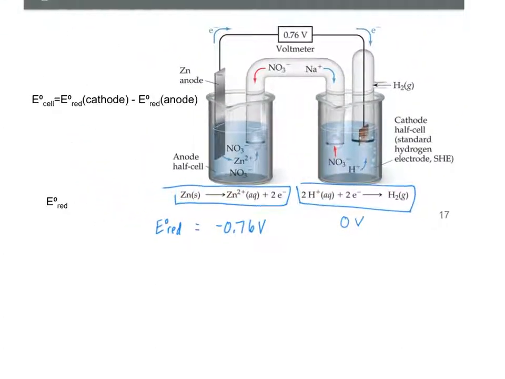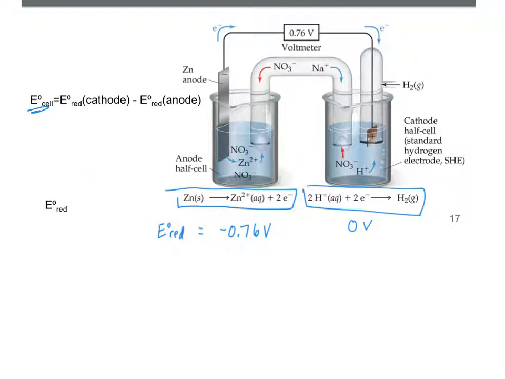So if we calculate the cell potential using the equation from the previous slide that I've rewritten here, reduction occurs at the cathode. Reduction is gain. So there must be this hydrogen reaction where our reduction is.